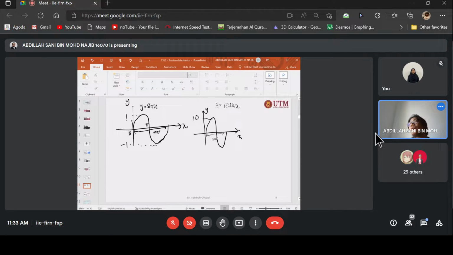If you change this from 10 to, let's say, sigma c, this is just an amplitude, so you get sigma c sine x. It is just a number, a value.